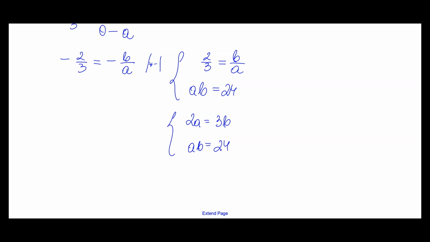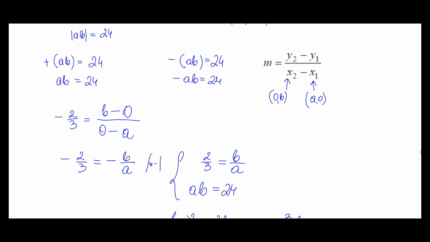If I want to, I'm going to substitute for A. So divide by 2, so A is equal to 3 over 2 B. So I can replace that A with 3 over 2 B multiplied by B equals 24.